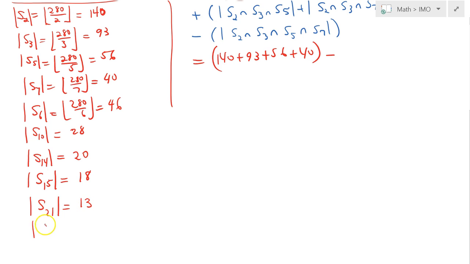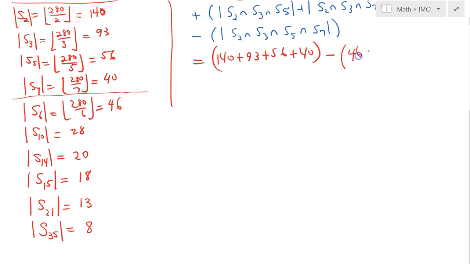And finally I would need S35, those elements that are divisible by both 5 and 7, so 280 divided by 35, the floor function, I believe that should give me an 8. So therefore I need to add these 6 numbers to my list.